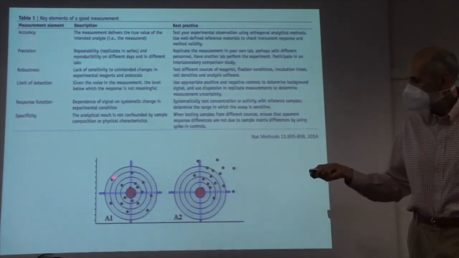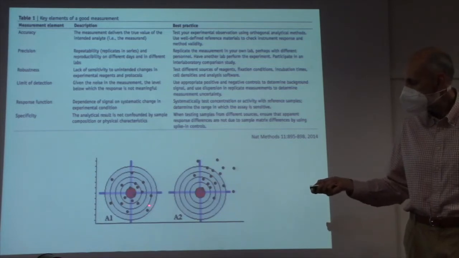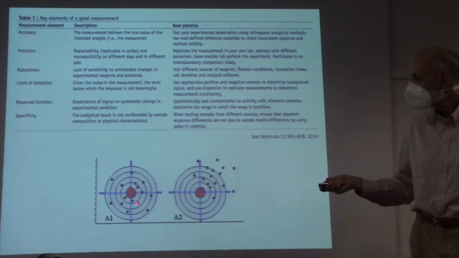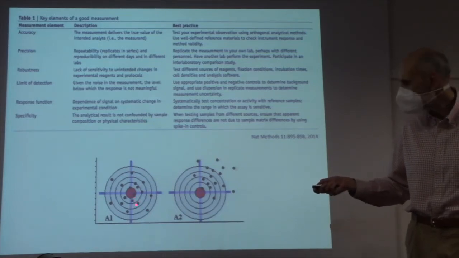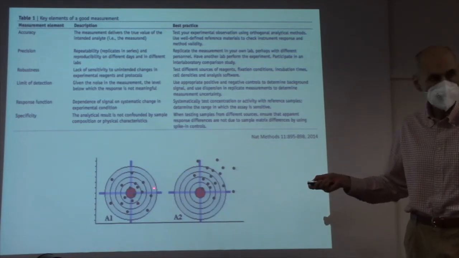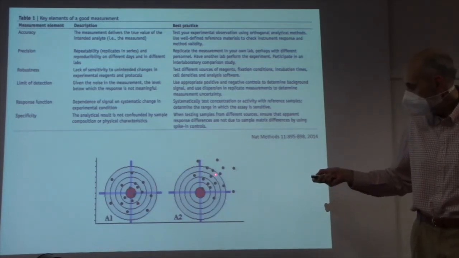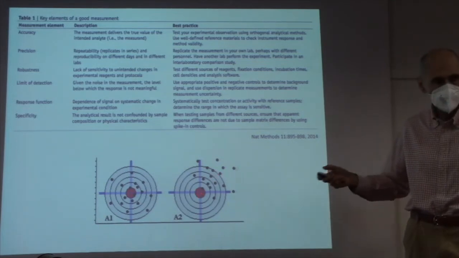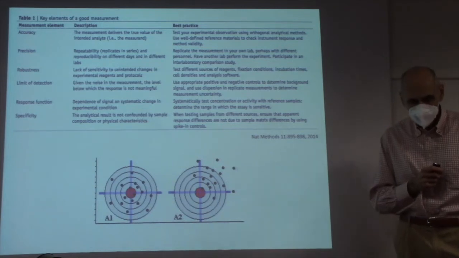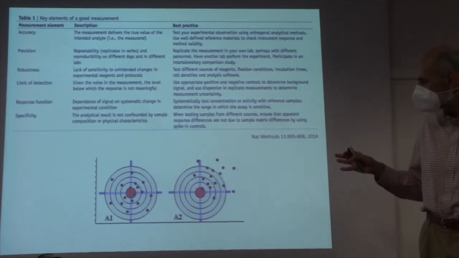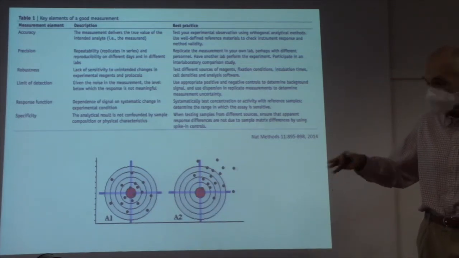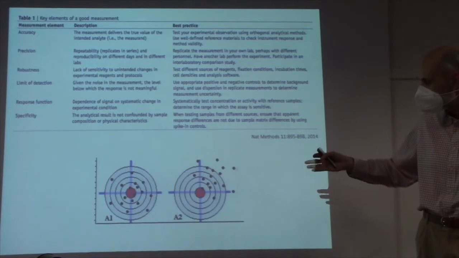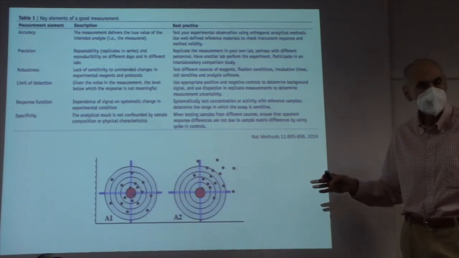However, this set of measures is accurate, again to a certain degree, but this is not, because the average is far away from the true value. This should show you that accuracy and precision are not the same thing, and in fact can be separated.